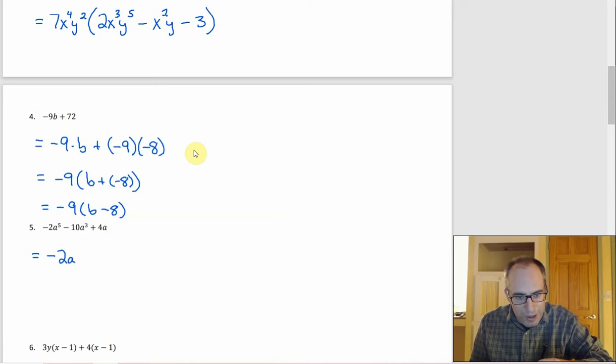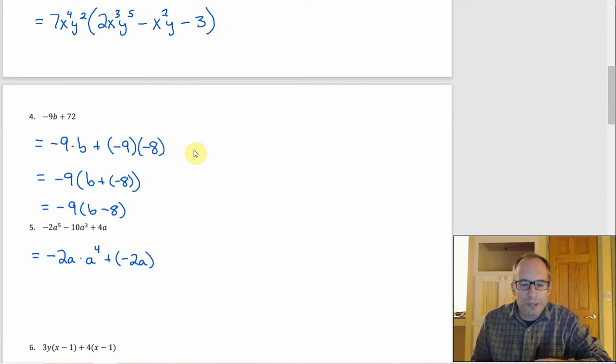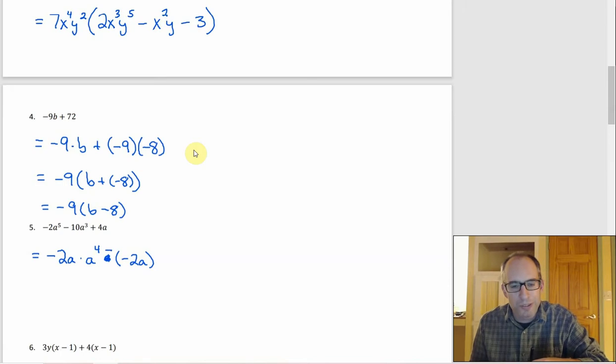So you have negative 2a times a to the 4th, right? Because multiplying by a to the 4th will give you that negative 2a to the 5th back out. And then plus negative 2a times... this will be easier if I write this as a minus. You could write it with a plus, but it'll be easier with a minus, I think, just to see what's going on.